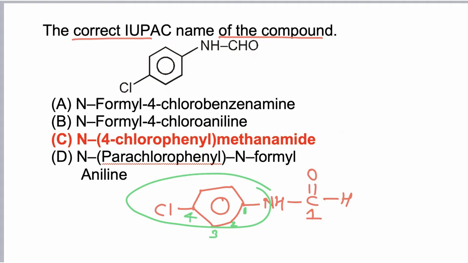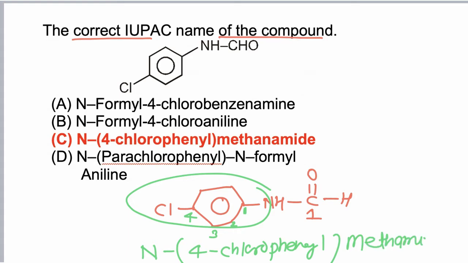So the name of this radical is 4-chlorophenyl. Now 4-chlorophenyl is attached to nitrogen, so N-4-chlorophenyl. Now the amide has one carbon, hence methanamide, and the correct answer is C, N-4-chlorophenyl methanamide.